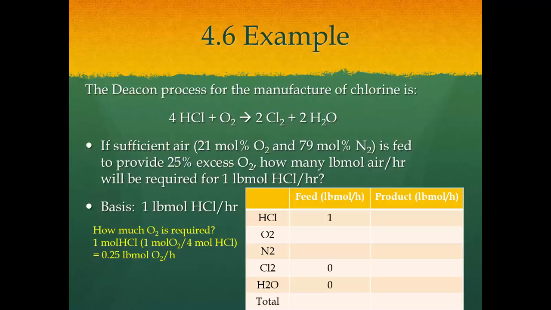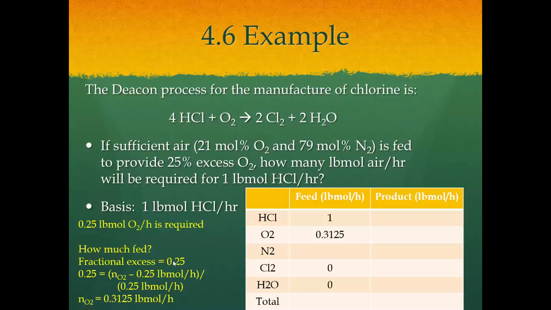So just simply set up the proportions so that the HCl's cancel top and bottom, leaving me with moles of O2. So then that would take on the units of whatever I started with. So in this case, 1 pound mole of HCl per hour. So I'll have 1 times 1 divided by 4, so 0.25, and the units are going to match whatever my rate of O2 was, pound moles per hour.